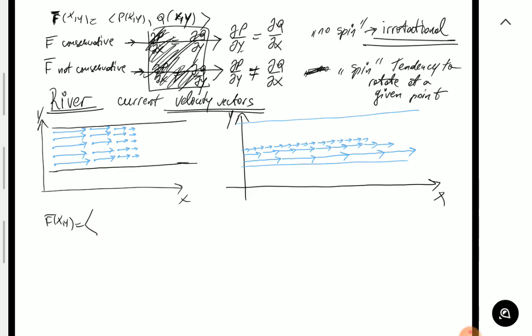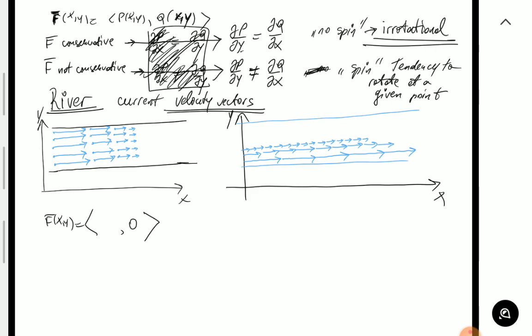Well, this vector field has 0 y component, right? So the second component is exactly 0. There is no up or down in that vector. So that much should be clear. And the first component only depends on x. I hope you clearly see that. It's decreasing in x and depends only on x. It doesn't depend on y.